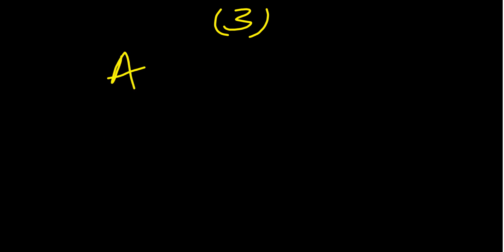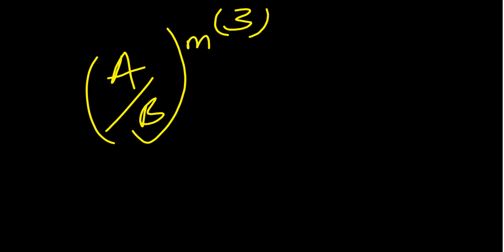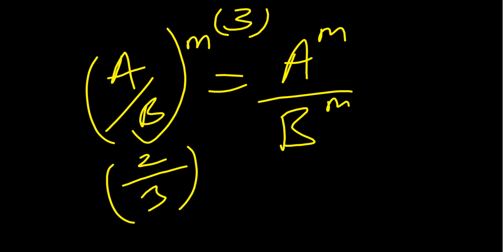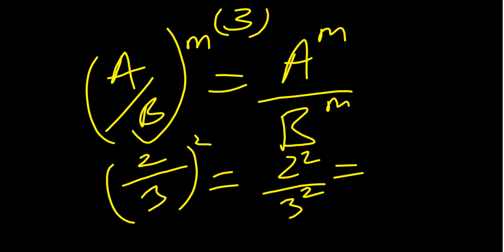It simply means if a over b is raised to power m, this means a raised to power m all over b raised to power m. The power outside, which is m, is affecting both the numbers. So if you have something like 2 over 3 raised to power 2, this simply means 2 raised to power 2 over 3 raised to power 2, which is equal to 4 over 9.